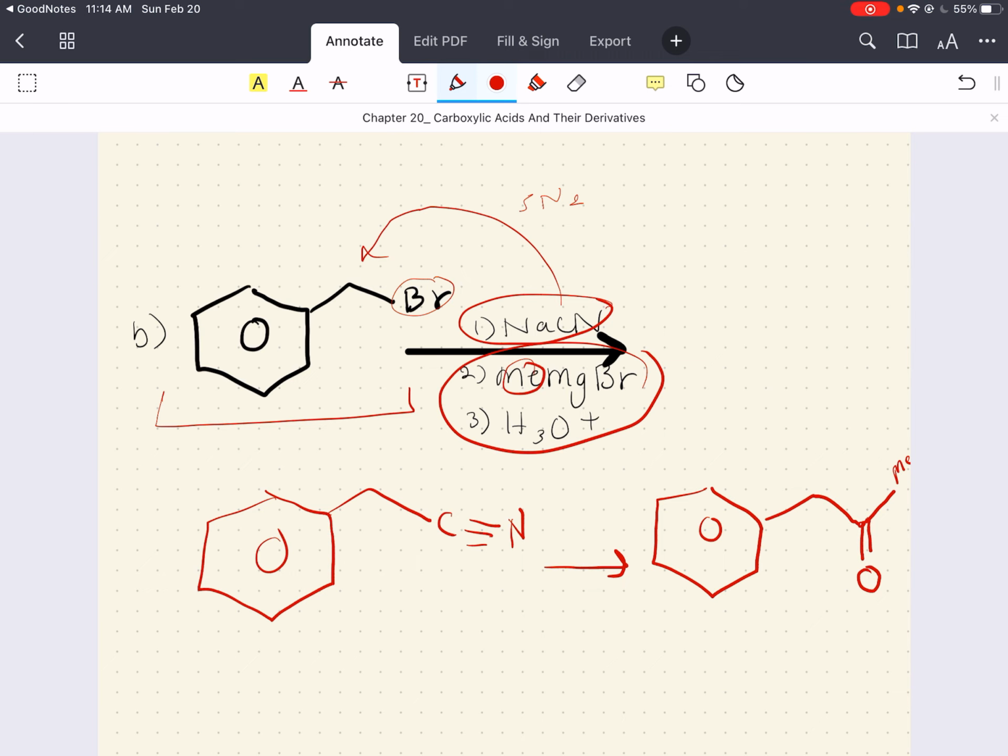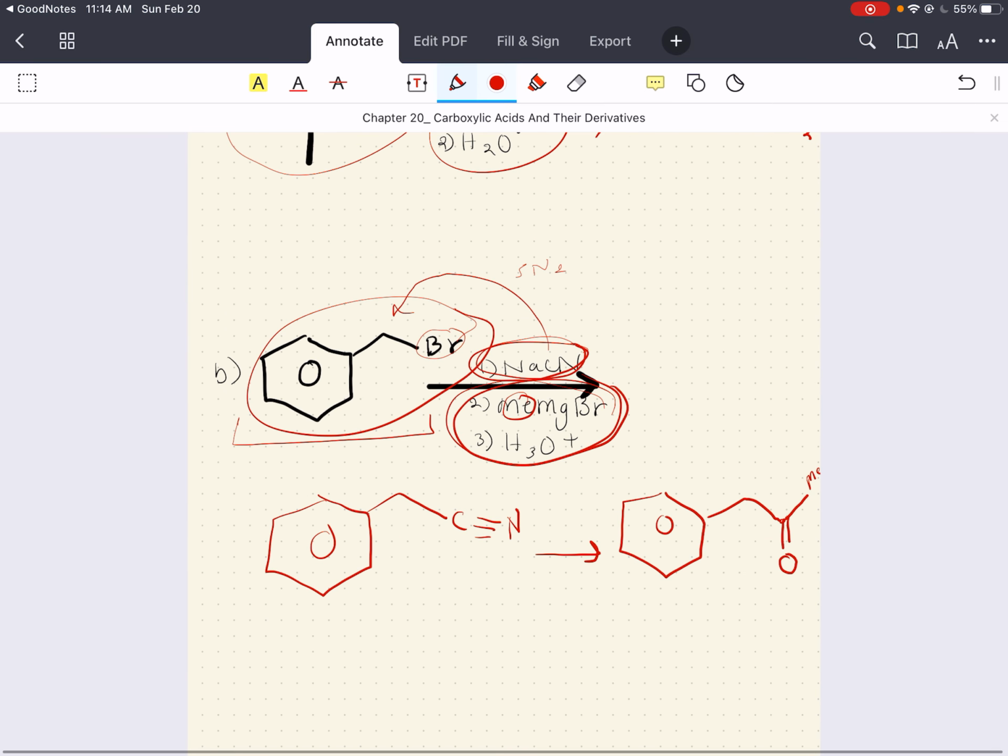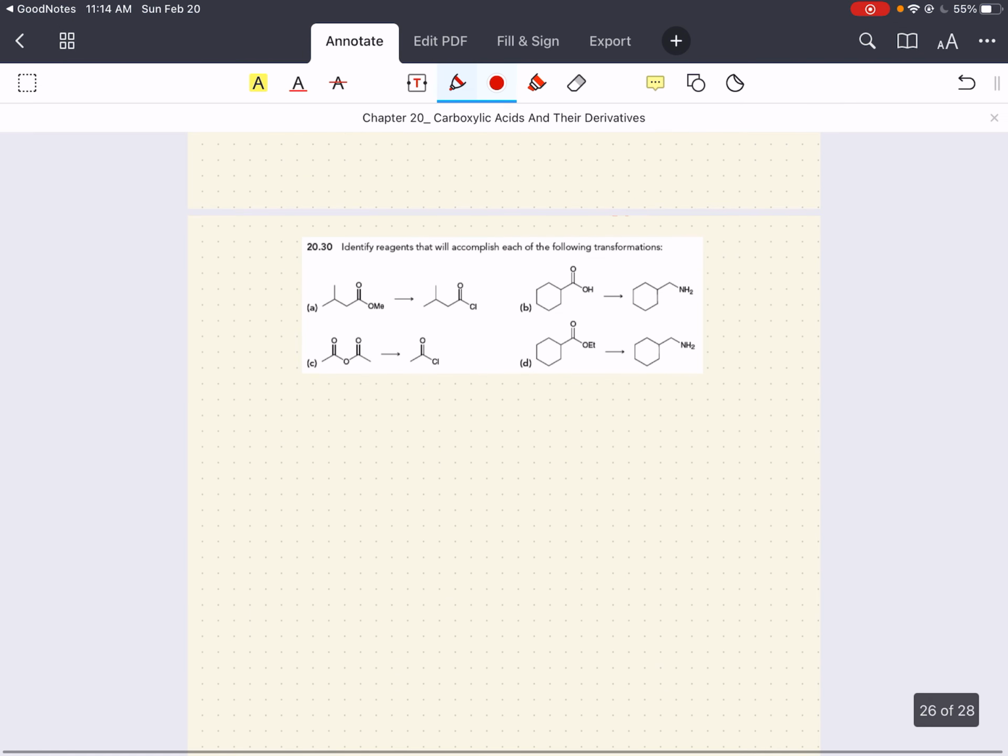So this is our product when we treat this starting material with cyanide and then Grignard reagents. Fantastic.